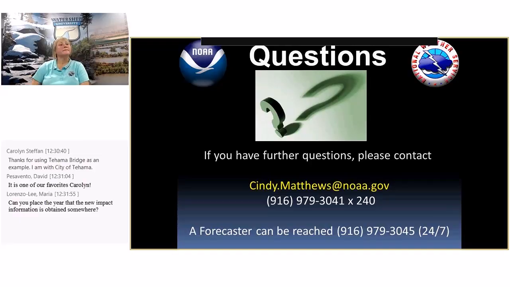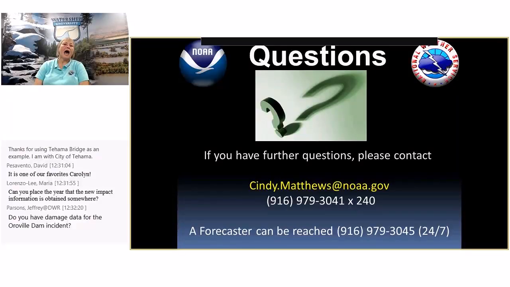Can you place the year that the new impact information is obtained somewhere? Well, some of that has been available for many years, so I wouldn't be able to date those. And the date would mean something to me internally, but not necessarily out in the public and for the media.